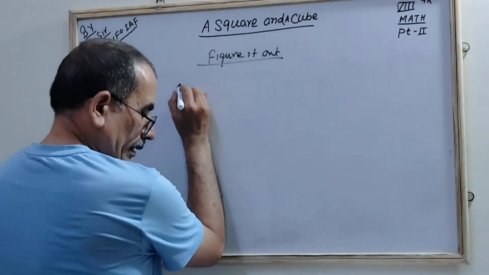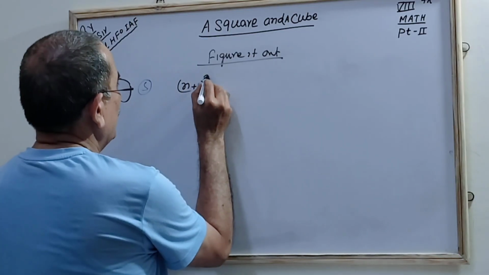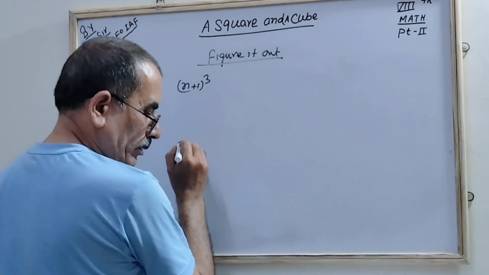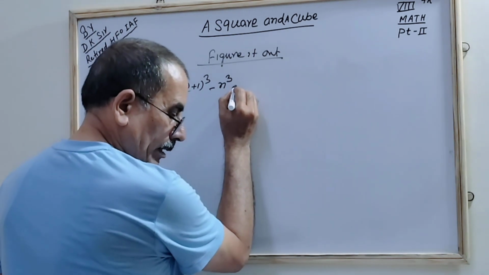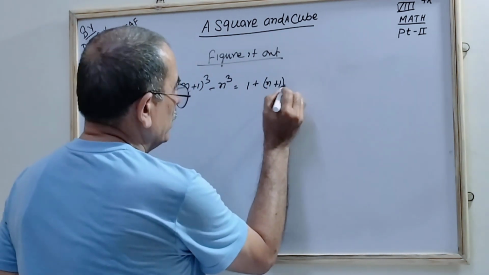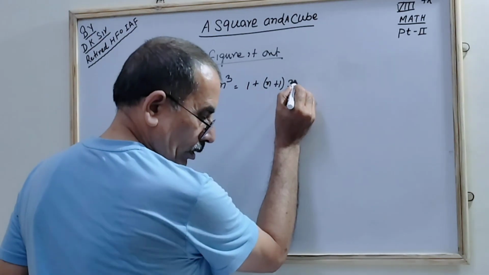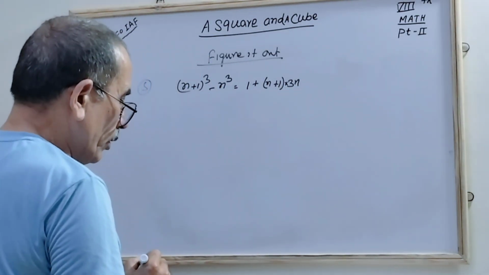What is that? (n+1) cube minus n cube is equal to 1 plus (n+1) into 3n, correct? This you should know, correct?